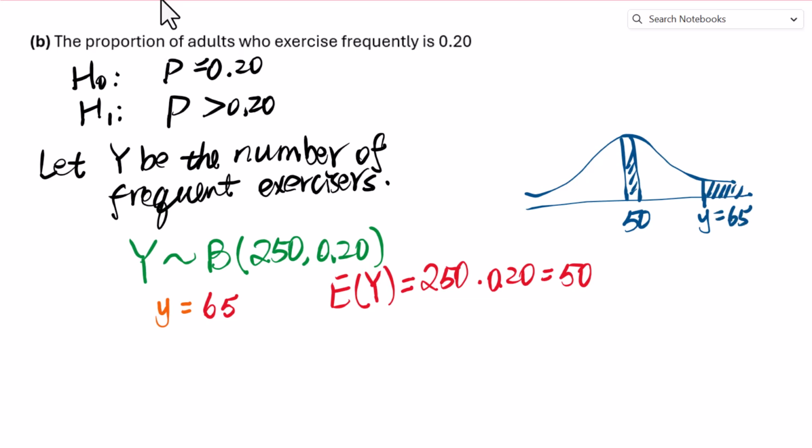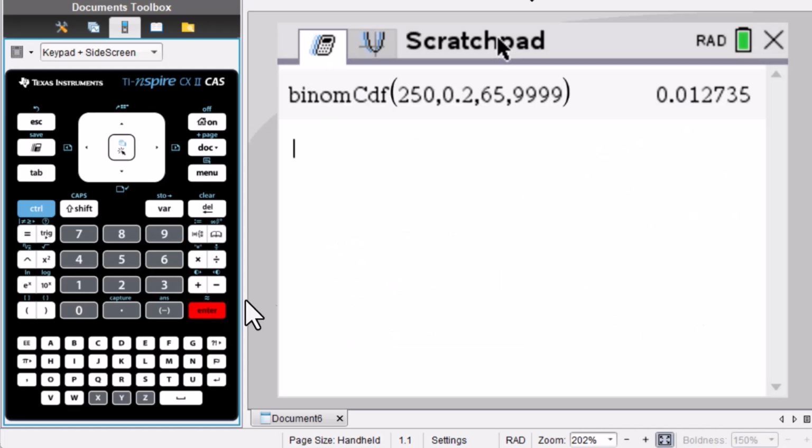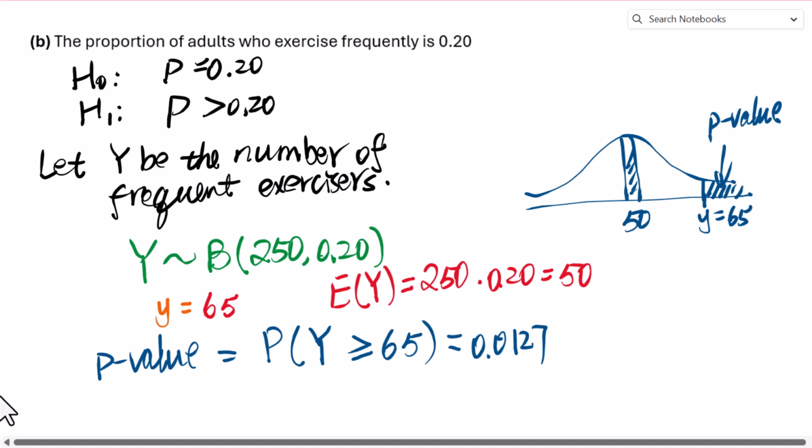Based on the definition of p-value, this will be the p-value. So p-value equals probability of Y greater than or equal to 65. Let's go to binomial CDF. Enter, enter. Answer is 0.0127.